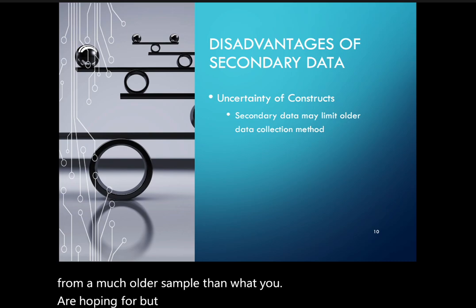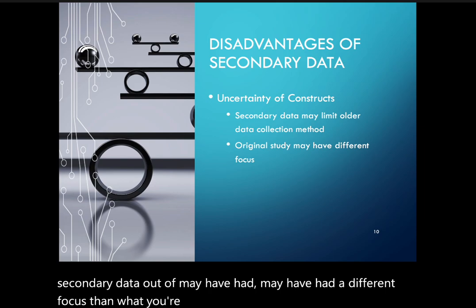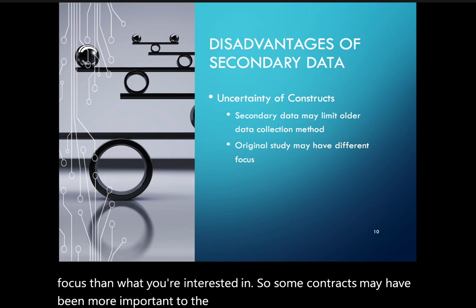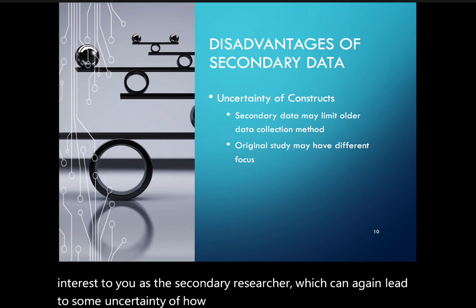Also, the original study that you are conducting secondary data out of may have had a different focus than what you're interested in. Some constructs may have been more important to the original researchers than to you as the secondary researcher, which can again lead to some uncertainty of how constructs are measured.